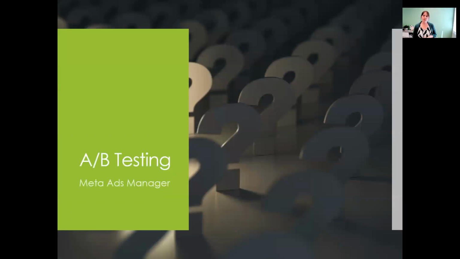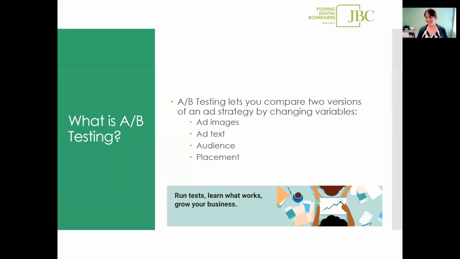All right, so the next part of today's webinar is going to focus on A/B testing, and what does that really mean? I'm all about testing. I love analytics. So basically what it allows you to do is create 2 campaigns or 2 ads and change only one variable so you know what made the difference in the ad.